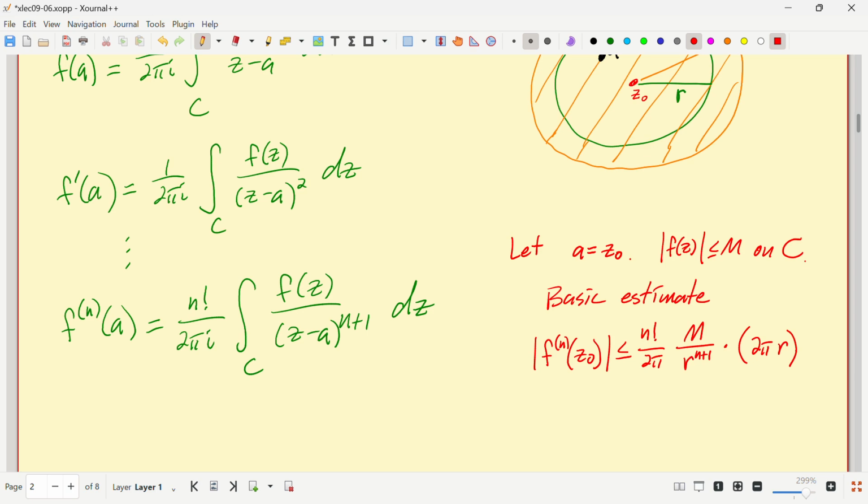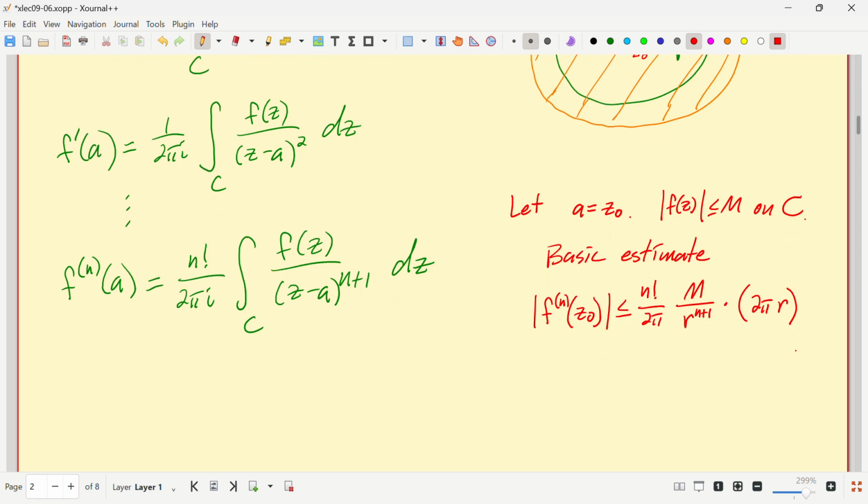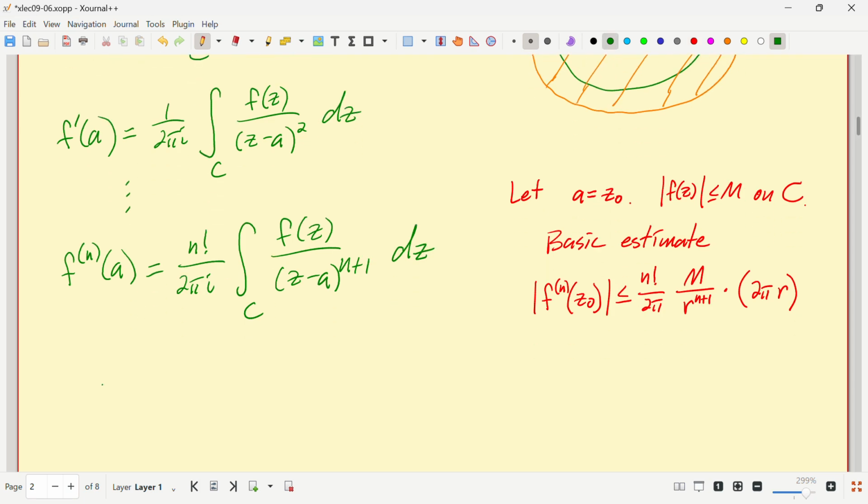So that's the famous thing called the Cauchy estimates.